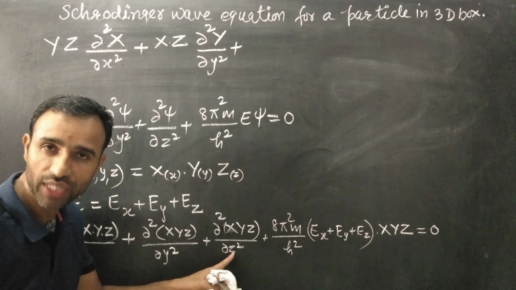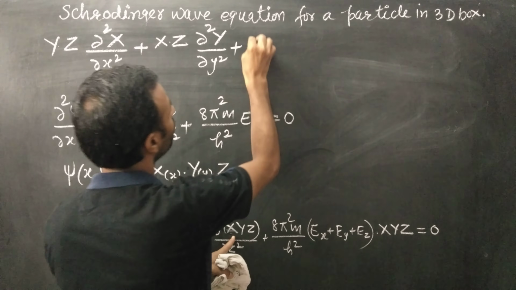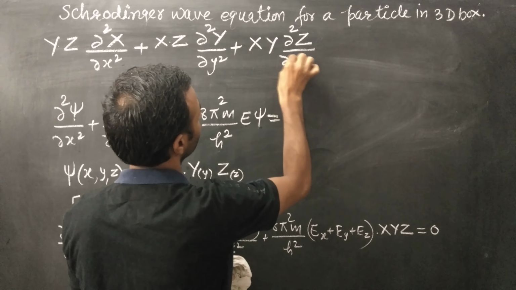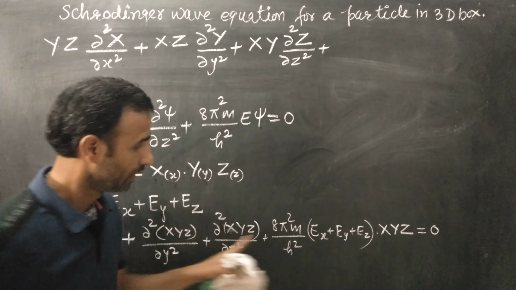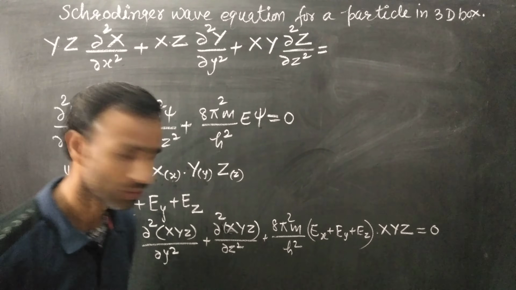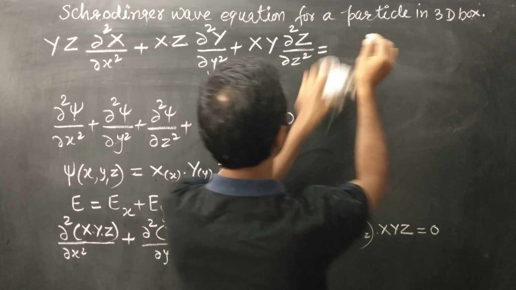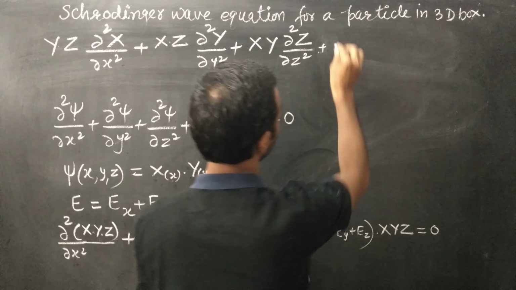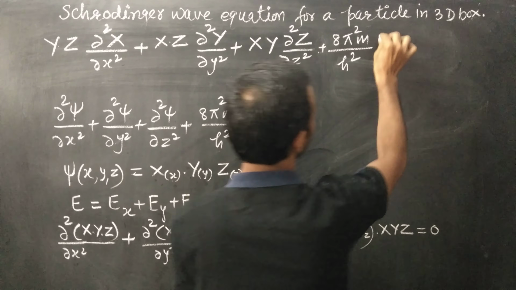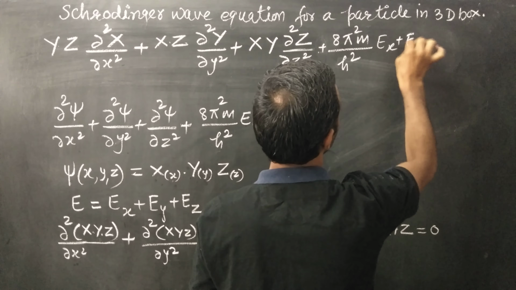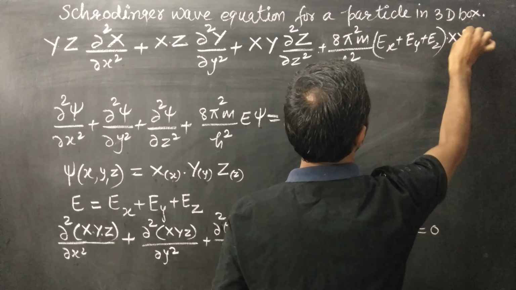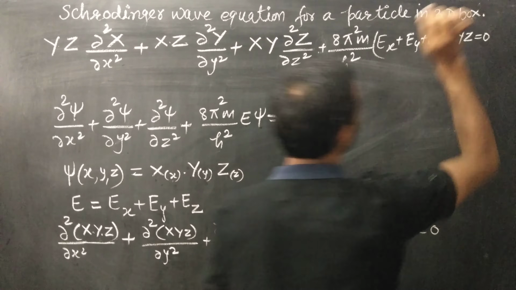For this, it depends upon z, so X and Y are constant for it. Plus, or we can write the rest of the thing on the other side. Okay, so it becomes minus, or leave it for the time being, 8 pi square m upon h square into Ex plus Ey plus Ez into X Y Z equal to 0.